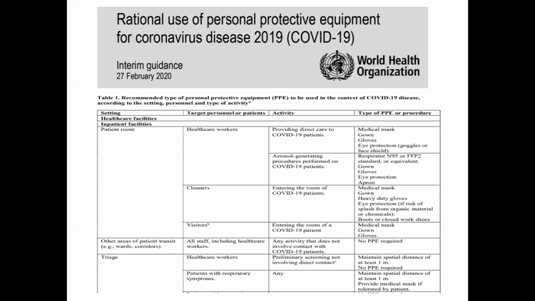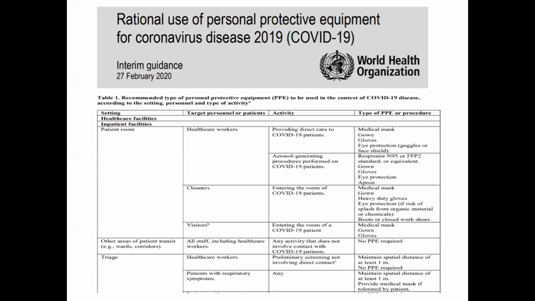But for now, I just want to make reference to my talk under the guideline which was given by WHO on rational use of personal protective equipment. So they have mentioned some of the examples of occupations, and they also recommended types of PPE which should be used.